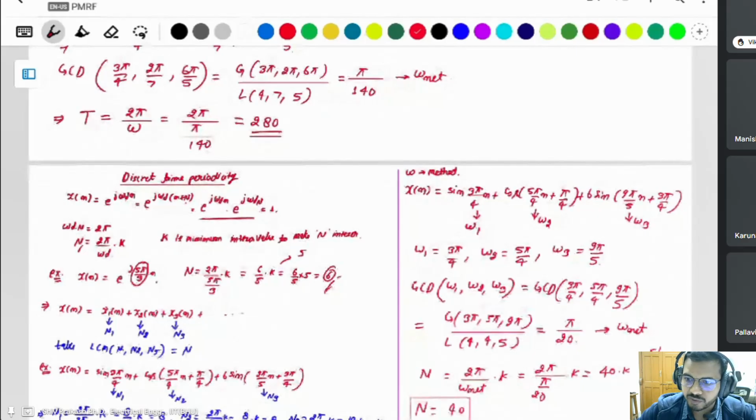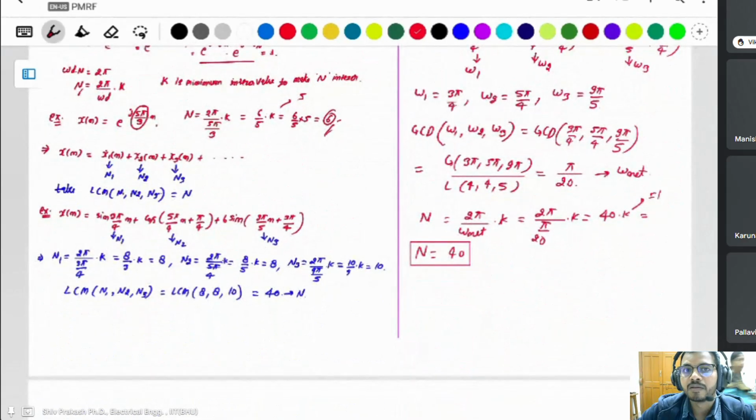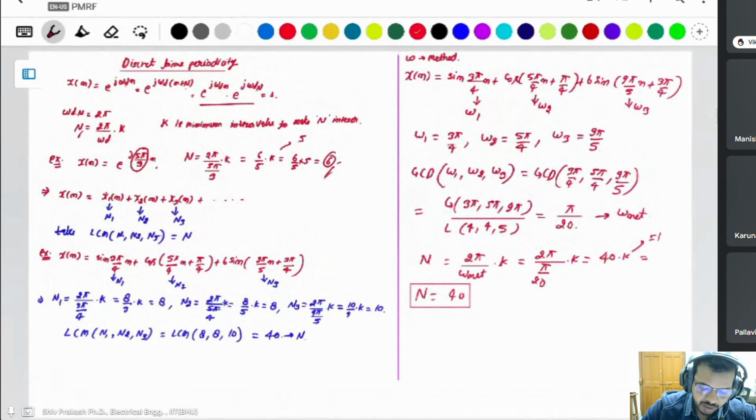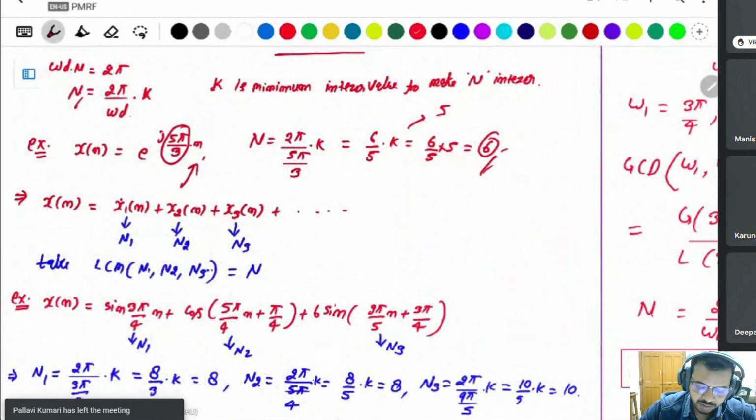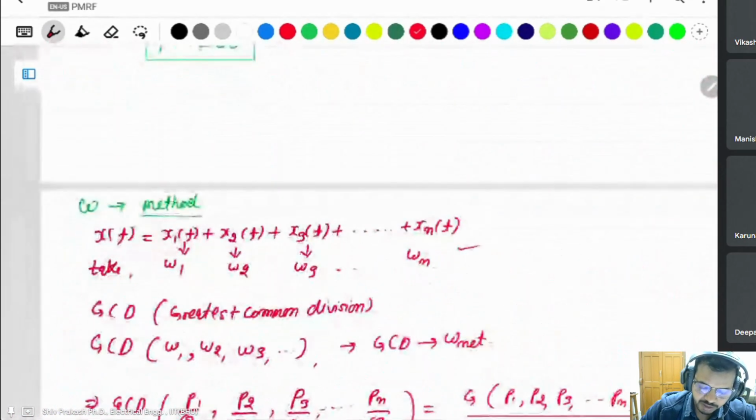Yes, I have a question. Can I ask? Sir, what will be the fundamental period of e to the power j 5π/70? Same thing like that, it will be continuous. You can apply the same thing. There is only one time period.